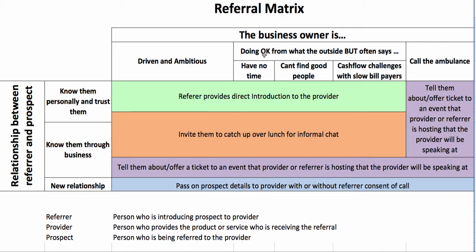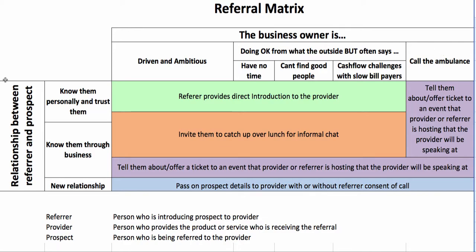The second level is people who are doing okay from the outside and from what they're telling you, but quite often they may say things like, oh, I've got no time and I can't find good people, or they've got cash flow challenges, or people who are slow to pay the bills to them. And the third one that we kind of steer away from is what I call the ambulance. Those people who are in business and they're just doing a bunch of dumb stuff and don't seem to want to listen, but maybe we can turn them around.